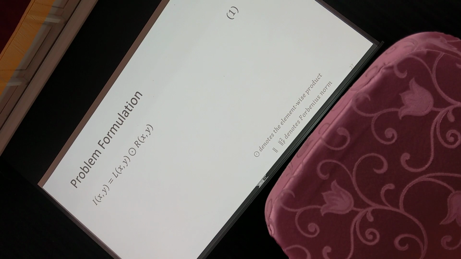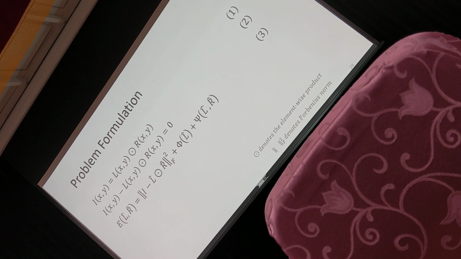Okay, so let's formulate the problem. First is this equation. We can rewrite equation 1 simply as equation 2 for optimization purposes. Later, we can use this in the energy function of L hat and R hat to formulate the optimization function, or target function, to train our model, right?